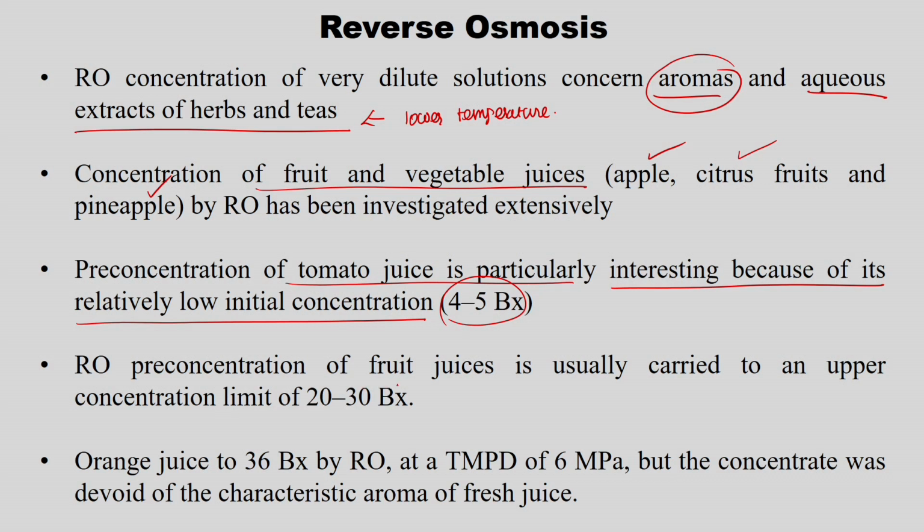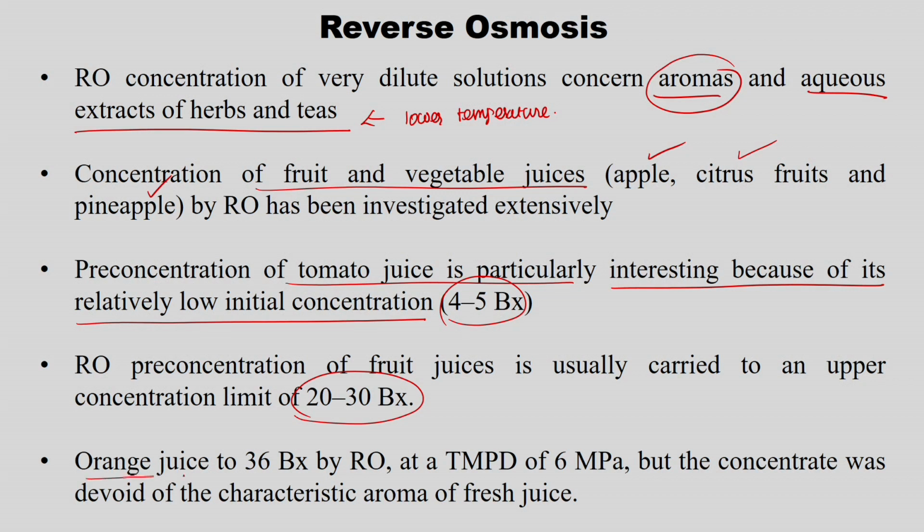And RO pre-concentration of fruit juices is usually carried to an upper concentration limit of 20 to 30 Brix, right. So, here the pre-concentration is done using RO, and the final concentration is done using evaporation or a drying technique.